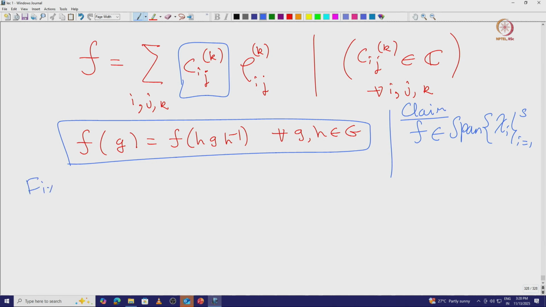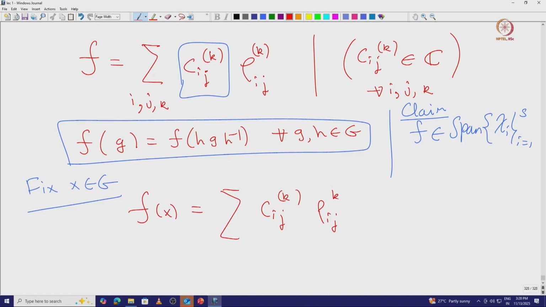Fix x in G and then compute this f of x. That is going to be exactly equal to the summation of c i j k rho i j k of x. But now, what are we going to do? We are going to use this property star.